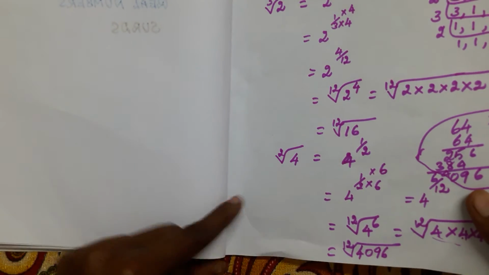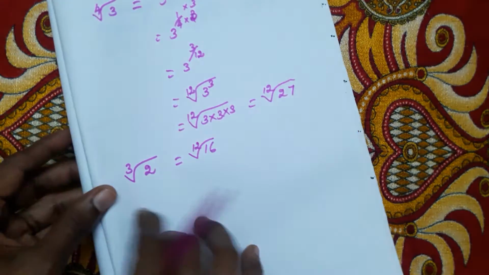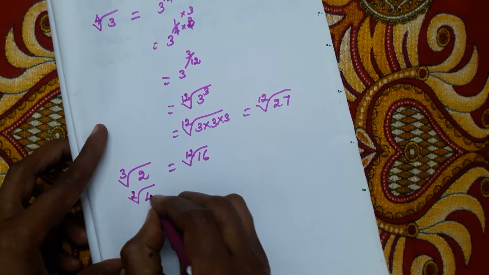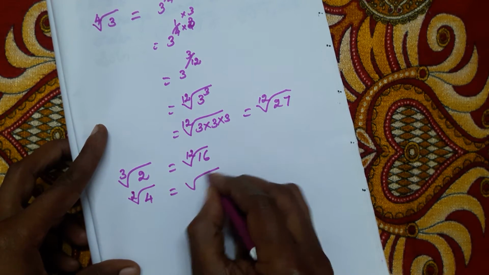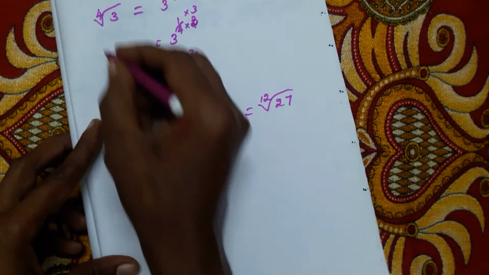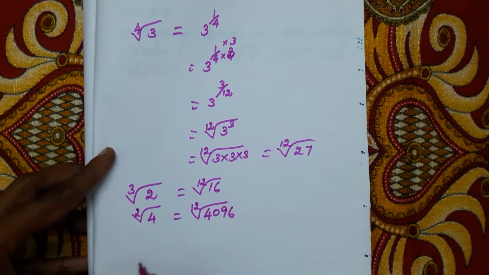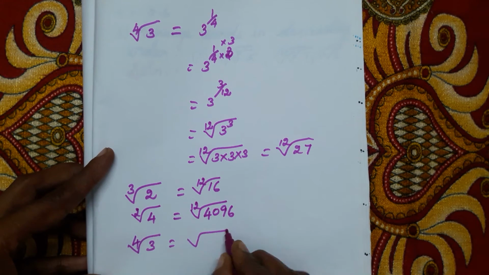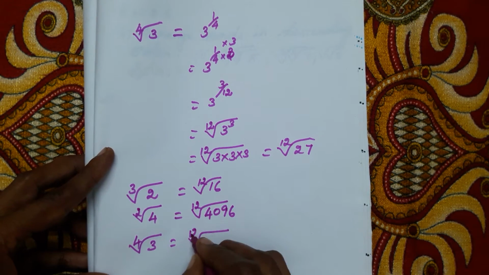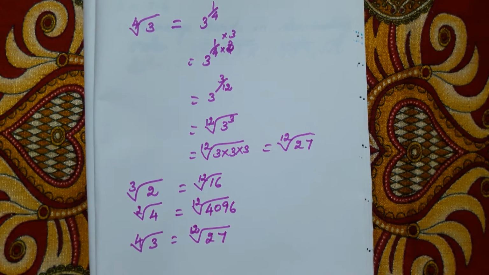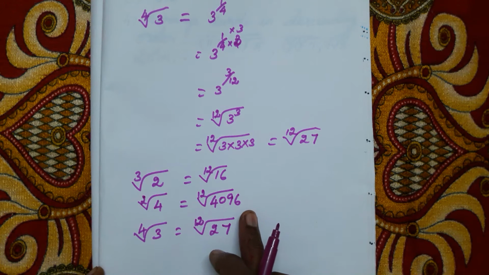Square root of 4 is equal to 12th root of 4096. Next, 4th root of 3 is equal to 12th root of 27. The question is arrange in ascending order.